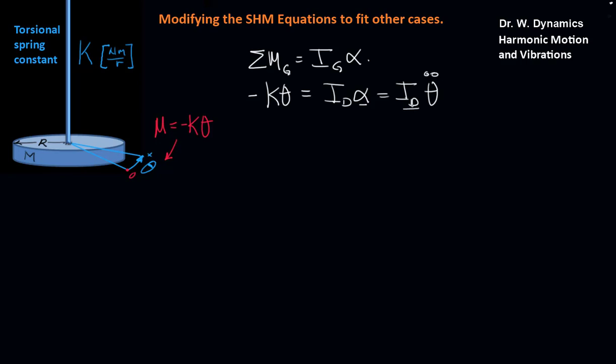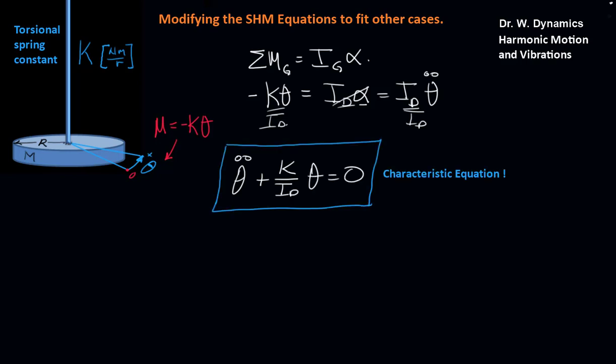And if we divide through by I of the disk, we'll get theta double dot plus k on I of the disk, theta, is equal to 0. We recognize that to be our characteristic equation, and that term in front of this theta has to be the omega squared.